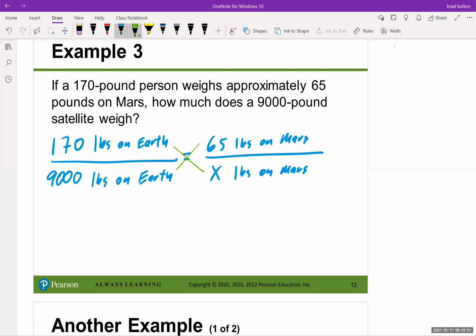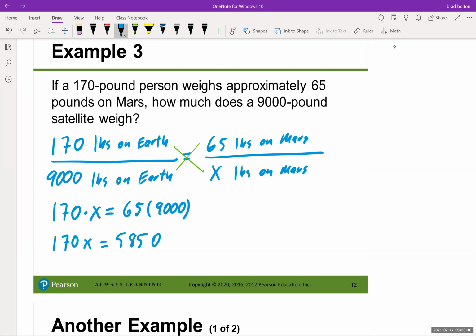So this is saying 170 times X equals 65 times 9,000. When we do this, we get 170x equals 65 times 9,000. If you take out your calculator, we get 585,000. Now to solve, we just do 170 divided by 170.